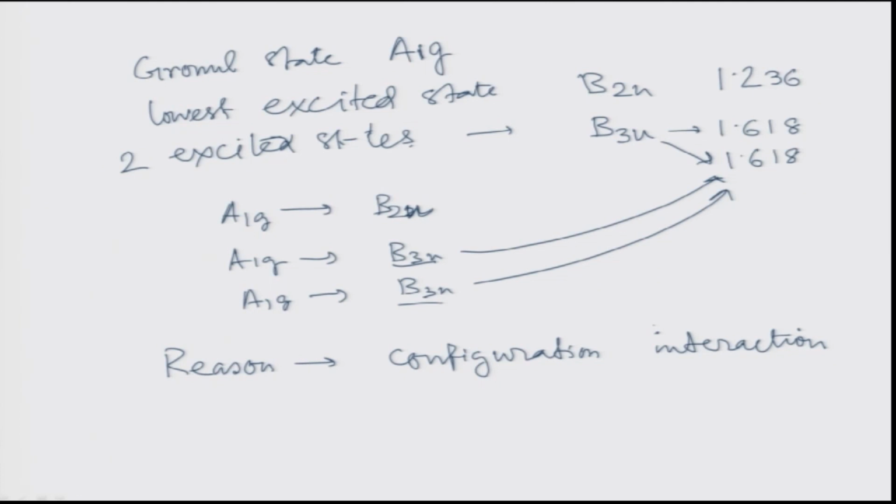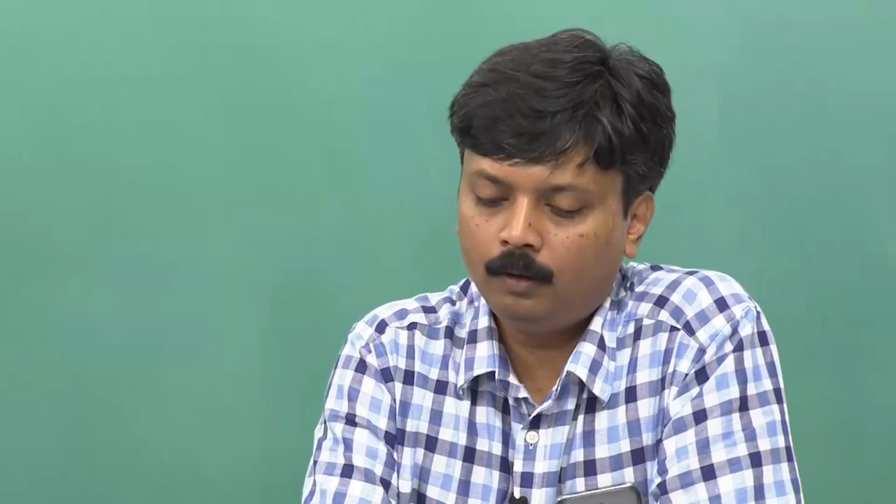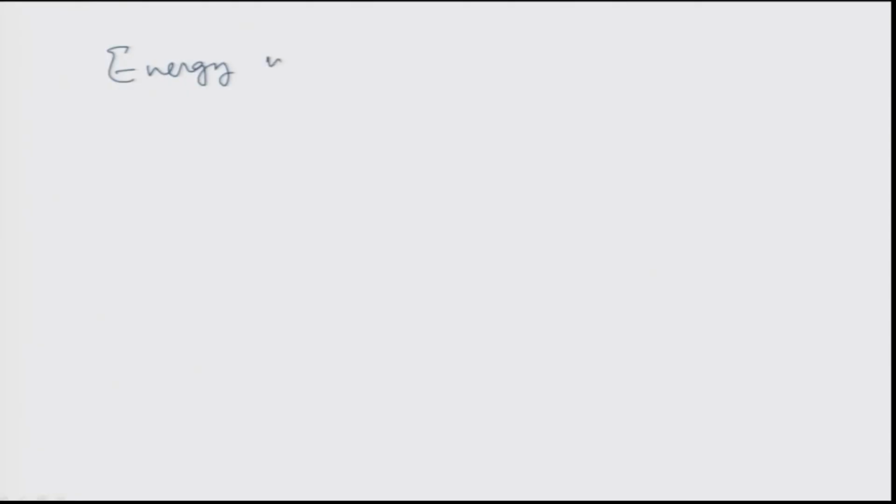Whenever we wanted to find out the energy of any given state, we looked at the energy integral. The energy integral that we looked at was something like this, the Hamiltonian sandwiched between the states. And what did we say about the value of this integral?